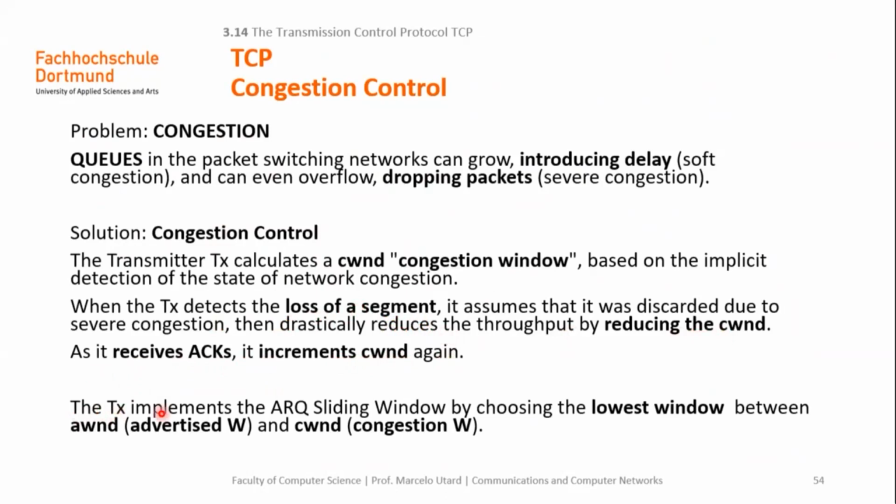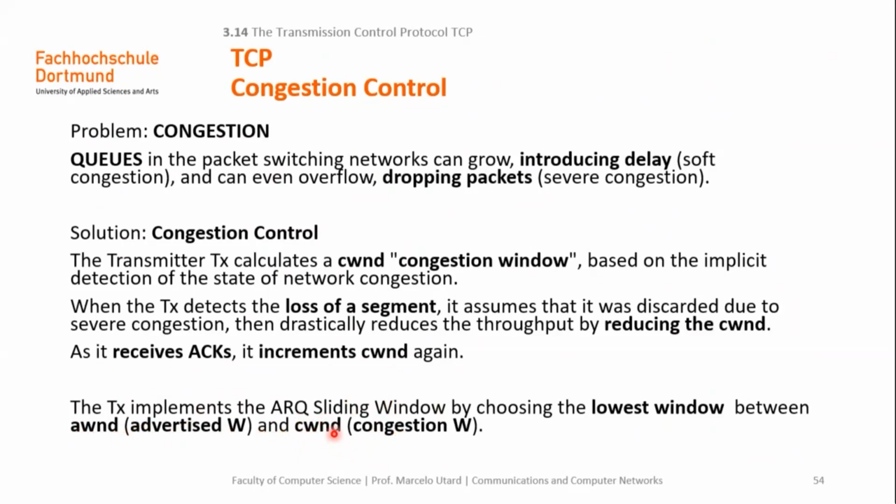The transmitter implements the automatic repeat request sliding window by choosing the lowest window between the advertised window, which is the window advertised by the receiver, an explicit mechanism of advertisement, and the congestion window, an implicit mechanism of congestion detection.